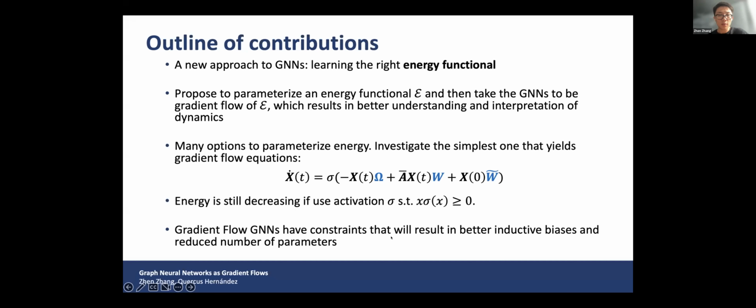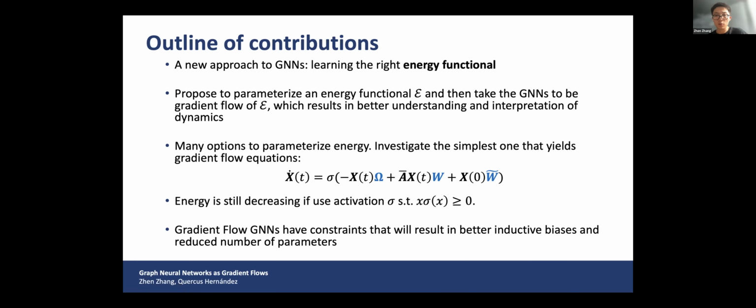Throughout the whole paper, they prove theorems based on the analysis of the linear dynamics. So all the theorems are proved without considering the sigma or the activation function. But they claim that the energy associated with the linear system will still be decreasing if they use an appropriate activation function.